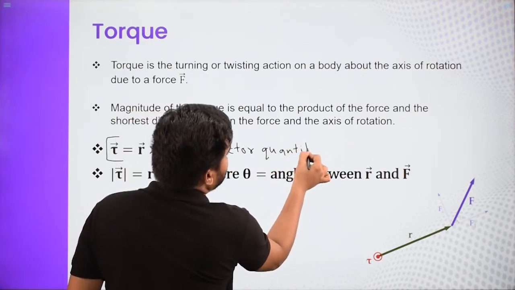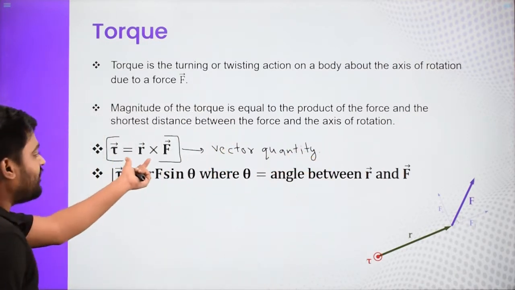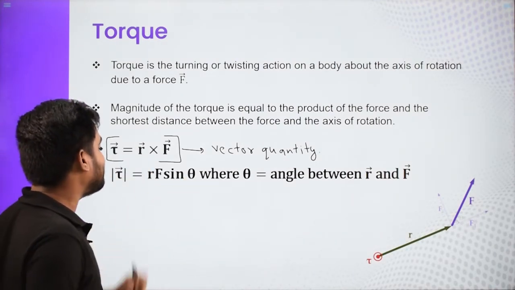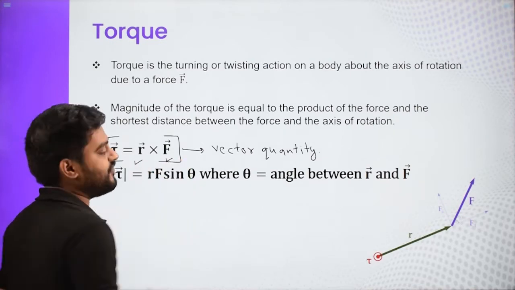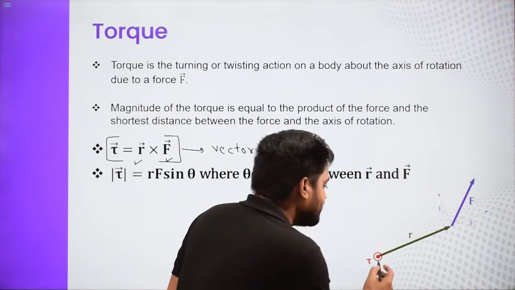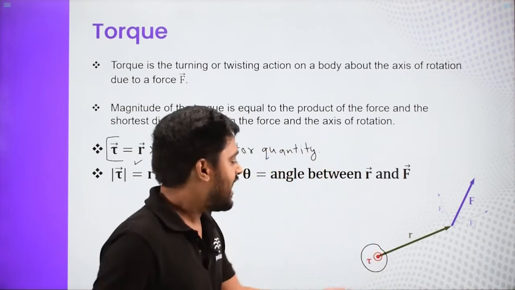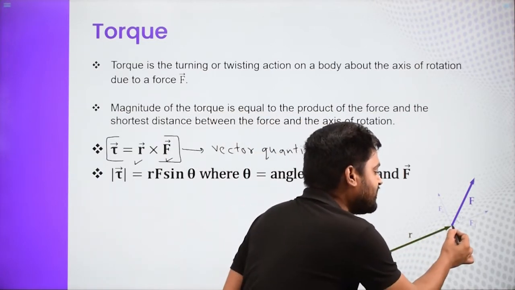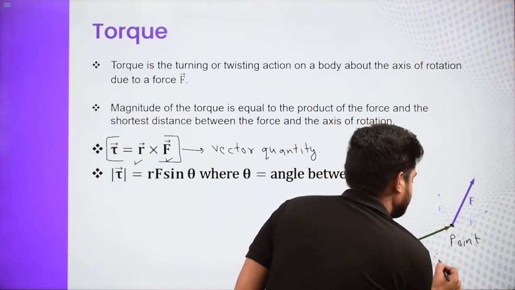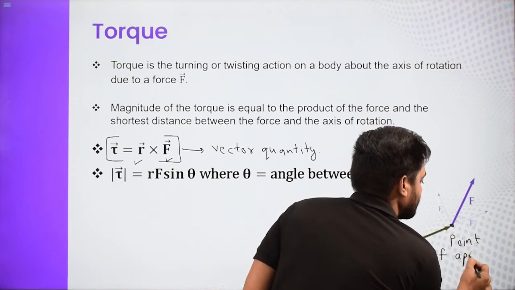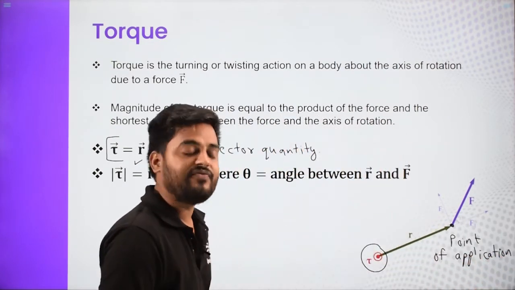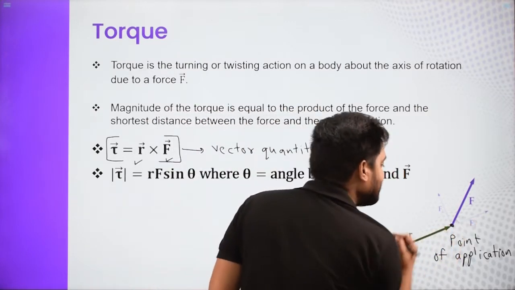Torque is a vector quantity, and if you want just the magnitude, that is RF sine theta. What is theta? Theta is the angle between the R vector and the F vector. Here this is our axis of rotation, and from here there is a point of application, where a force F vector has been applied at an angle theta from the R vector.